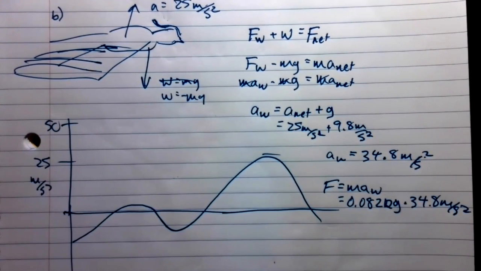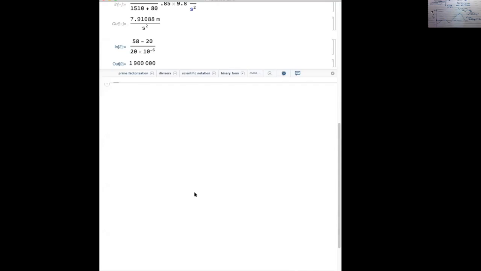And we will go right over to Mathematica, and we'll plug that in. Type 0.082 kilograms times 34.8 meters per second squared.